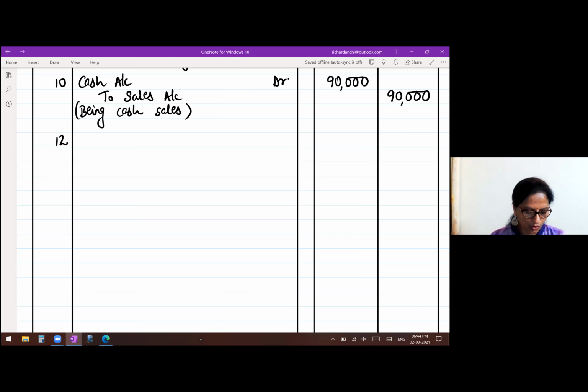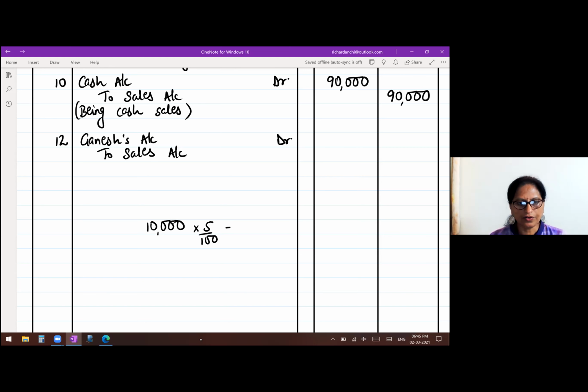Two accounts involved here are Ganesh's account and sales account. Ganesh is the receiver because you're selling goods to him. So debit the receiver: Ganesh's account debit, to sales account. Now 10,000 worth of goods are being sold. 10,000 into 5% is 500.